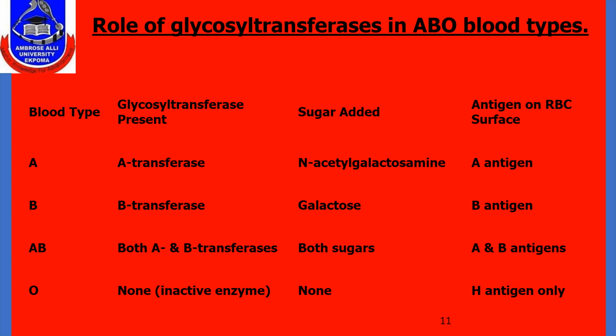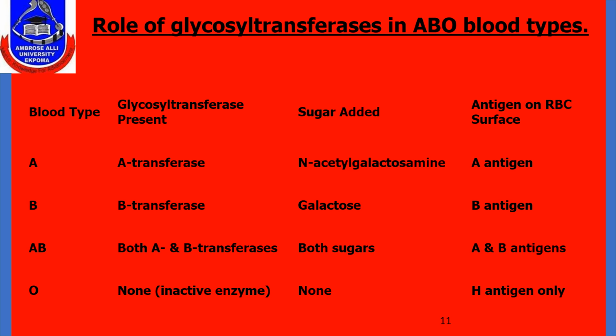Looking at the role of glycosyltransferases in ABO blood types. Now, how is ABO blood group determined? That can be done using the enzyme glycosyltransferases.